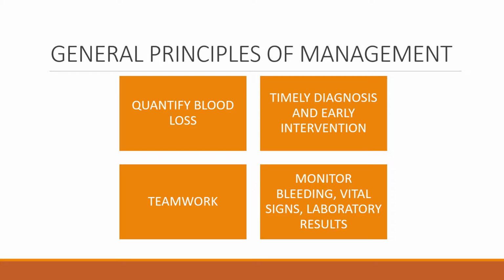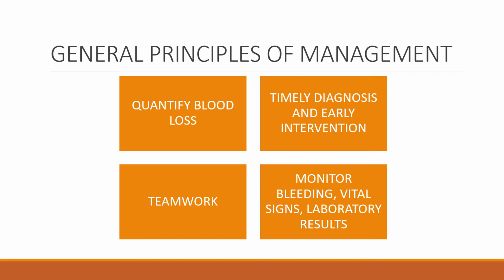Now we're going to see the general principles of management. There are 4, and we are going to see each one. First of all is to quantify the blood loss. Then we have to know that timely diagnosis and early intervention is the key in these situations. The third point is teamwork. We never have to work alone.